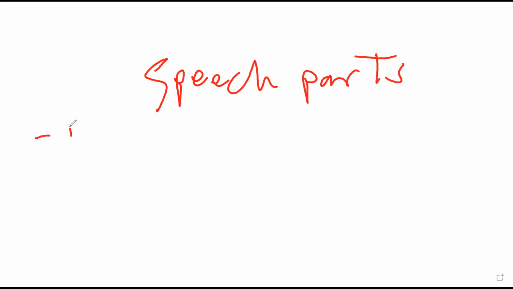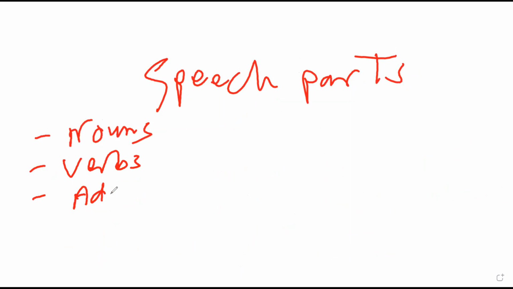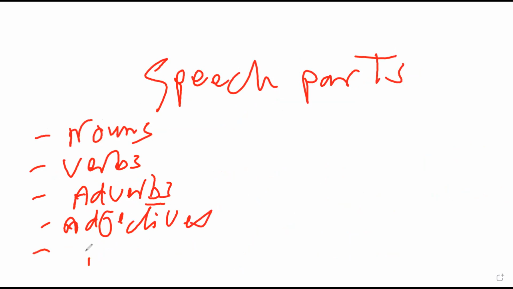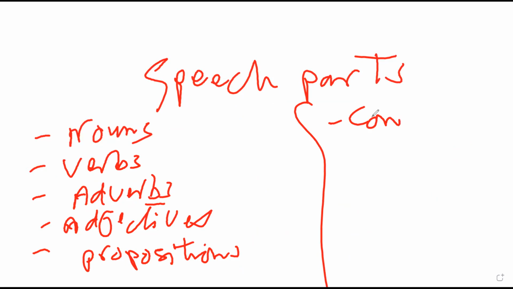Parts of speech. Parts of speech of English. We have nouns, verbs, adverbs, adjectives, prepositions, conjunctions or linkers.